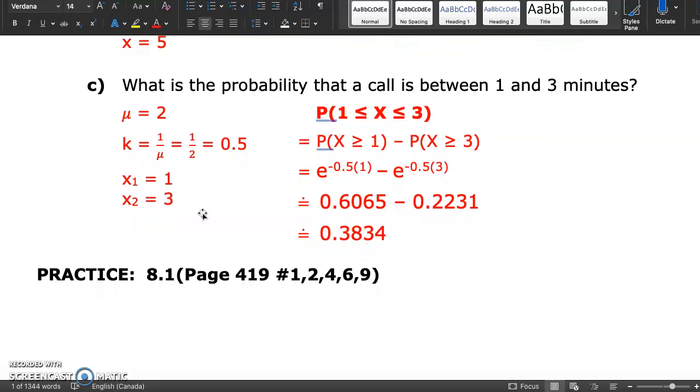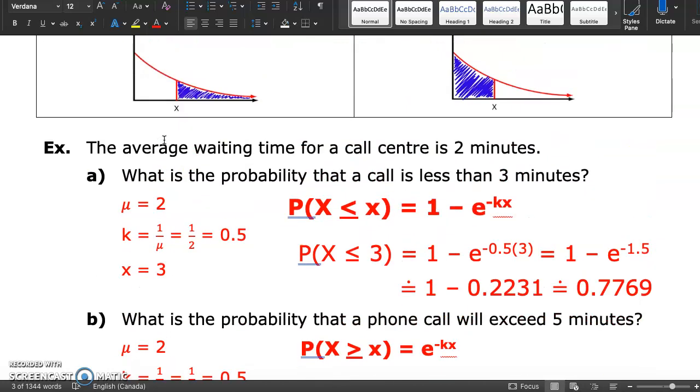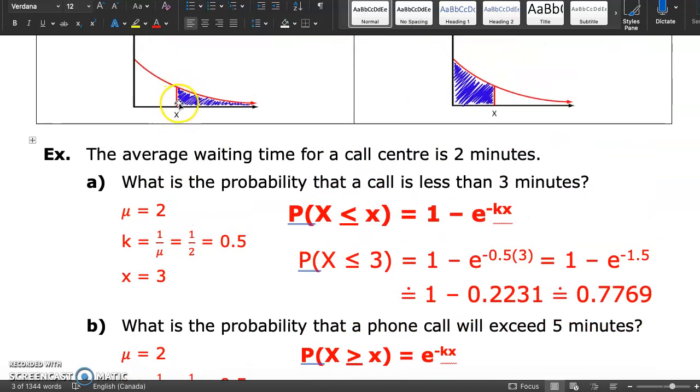So that being said, this is what is done in this question. We want to know the area to the right of 1 and 3. Notice that this smaller number for x is on the left-hand side because the area is to the right of that point. And then if we subtract the area of the second point, which is on the right-hand side, in this case 3 minutes, we'll be left with the component that we're looking for, the interval.